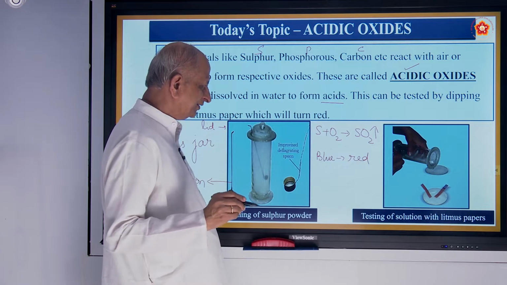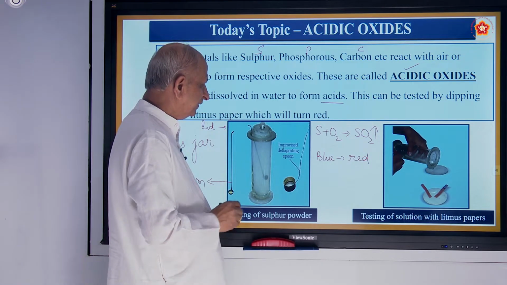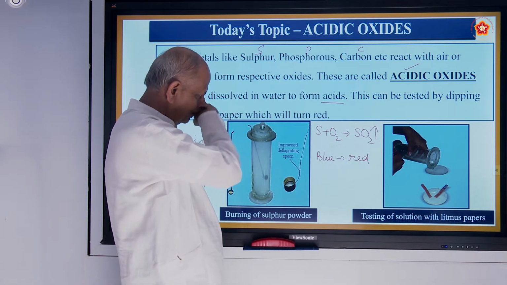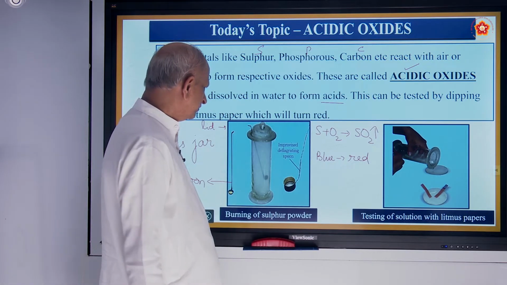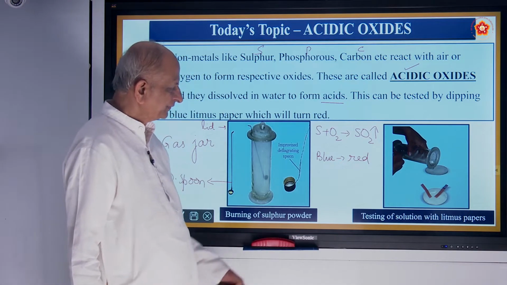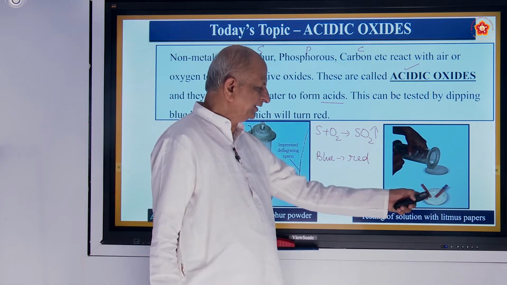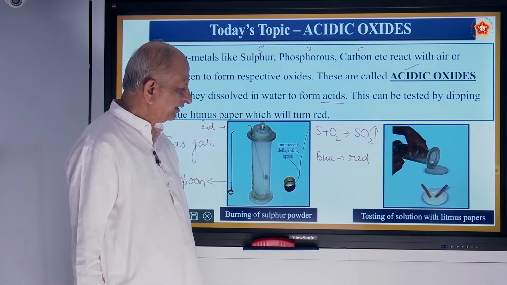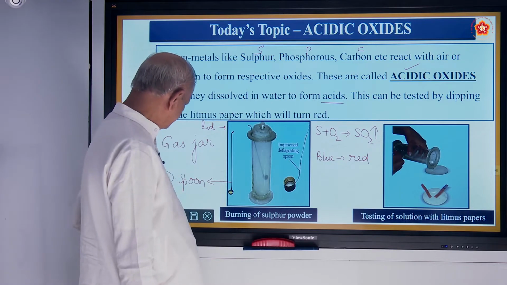About 22 are the non-metals. Most of them react with oxygen. So this is a reaction. It's a very interesting experiment. You have to add water and test with the litmus, taking it in a watch glass.